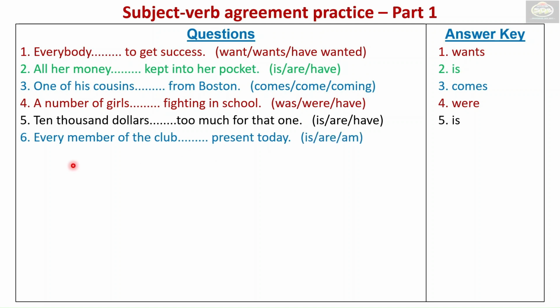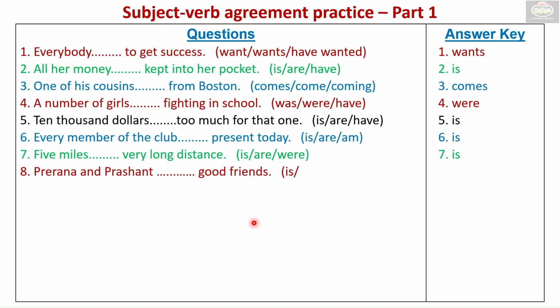Every member of the club. Every member, singular subject, we have to use is. 5 miles, distance, singular subject, we have to use is. Next one is Prerana and Prashant are good friends.